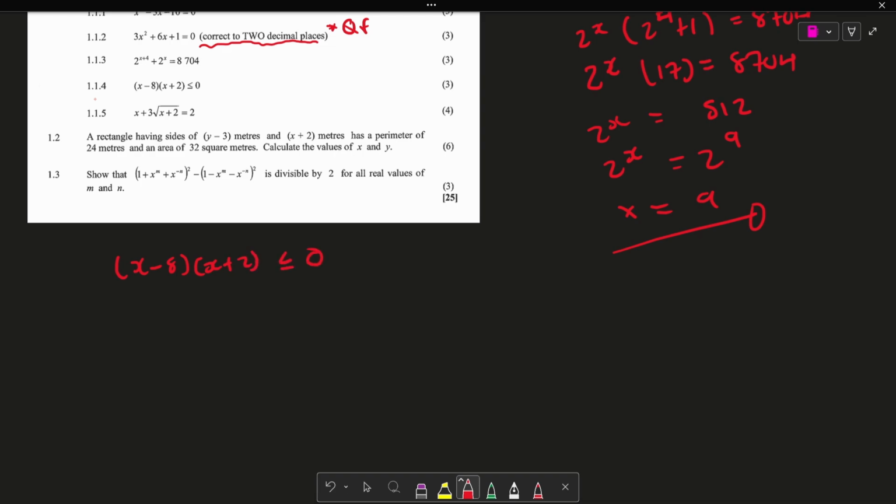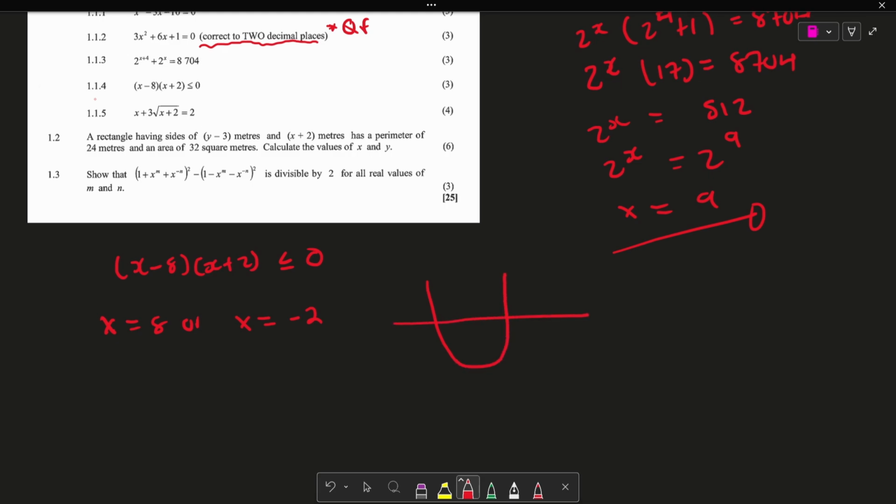We can simply ignore the signs and see that x is equal to 8 or x is equal to minus 2. But now remember, this is an inequality, so we are required to sketch.